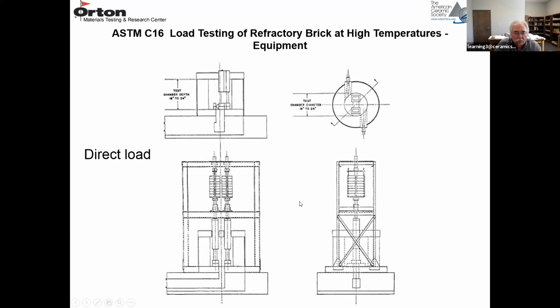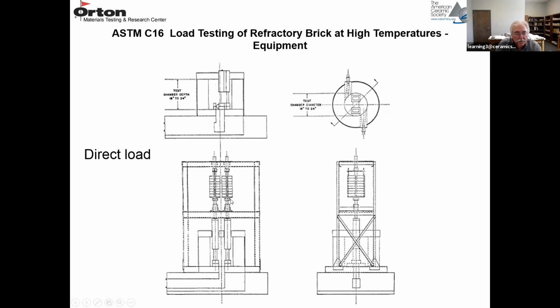There are various types of furnace arrangements for applying the load and running the temperature up. So this is a direct load machine where you have the sample sitting here, 2 samples in the bottom. You have loading rams in contact with the sample, and then you have weights that are applying the direct load to these rams.